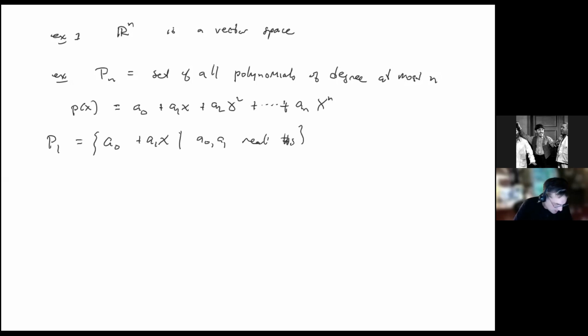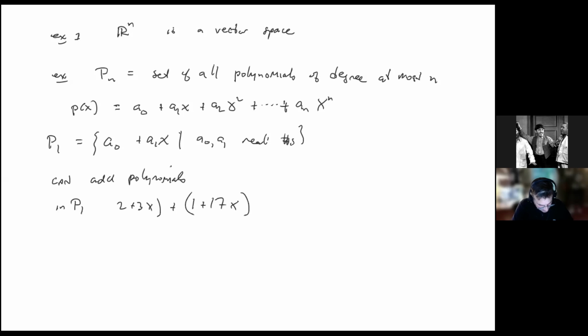Okay, so why is this a vector space? Well, you can add polynomials in the usual way. So for example, in P1, you can take 2 plus 3x plus 1 plus 17x and add them together, and you would get 3 plus 20x.